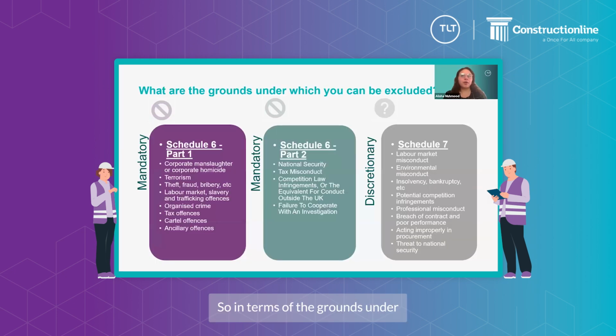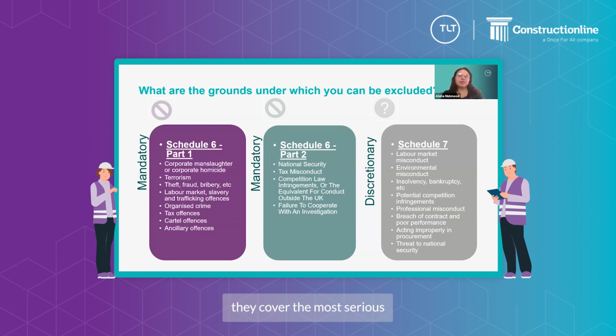So in terms of the grounds under which you can be excluded, I've outlined them here. In summary, the mandatory grounds are those more serious scenarios where an authority has no discretion as to whether they exclude you if these apply.